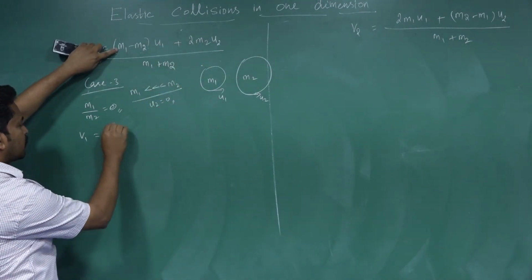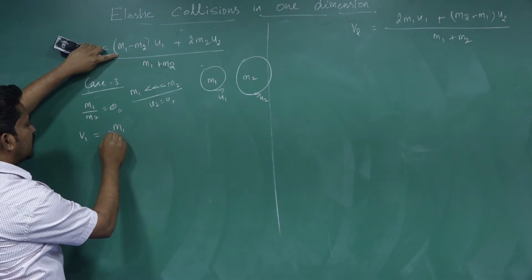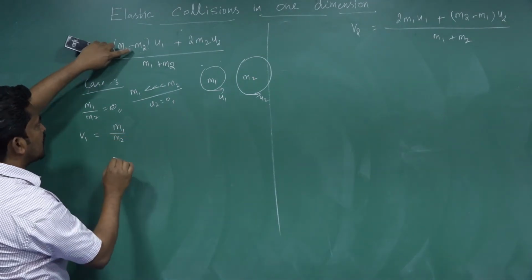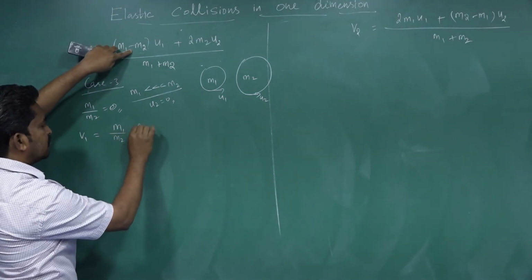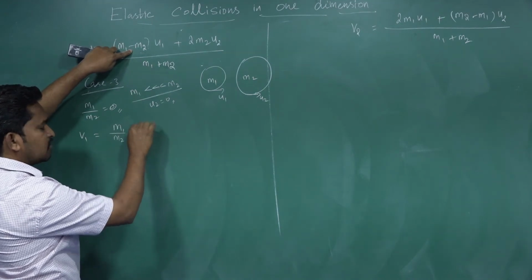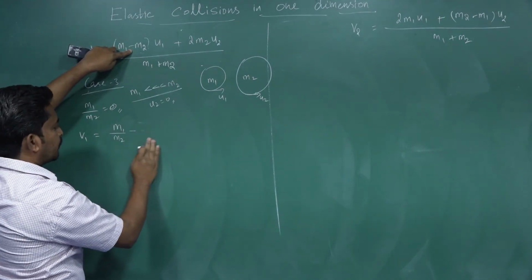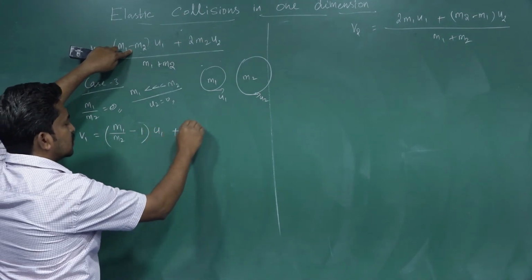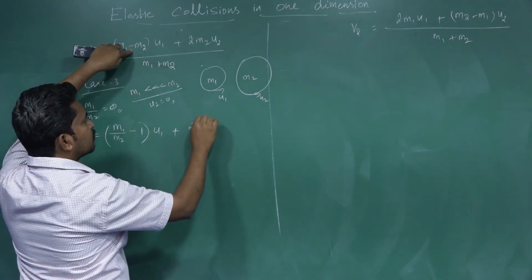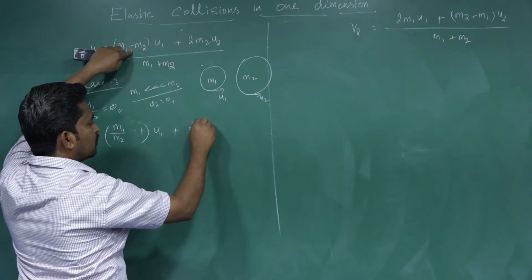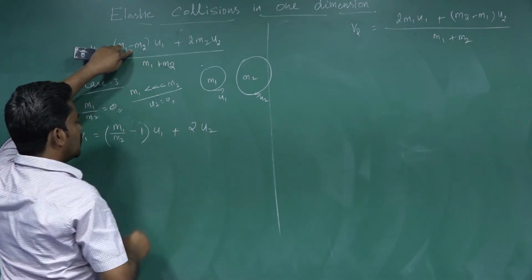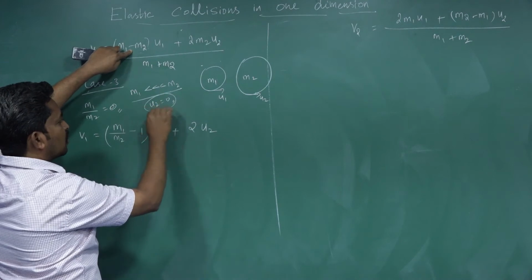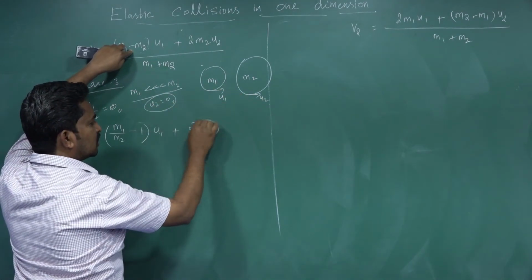We get m1 divided by m2 minus m2 divided by m2, which is 1, times u1, plus 2 m2 divided by m2 times u2. Since u2 is 0, that term is 0.